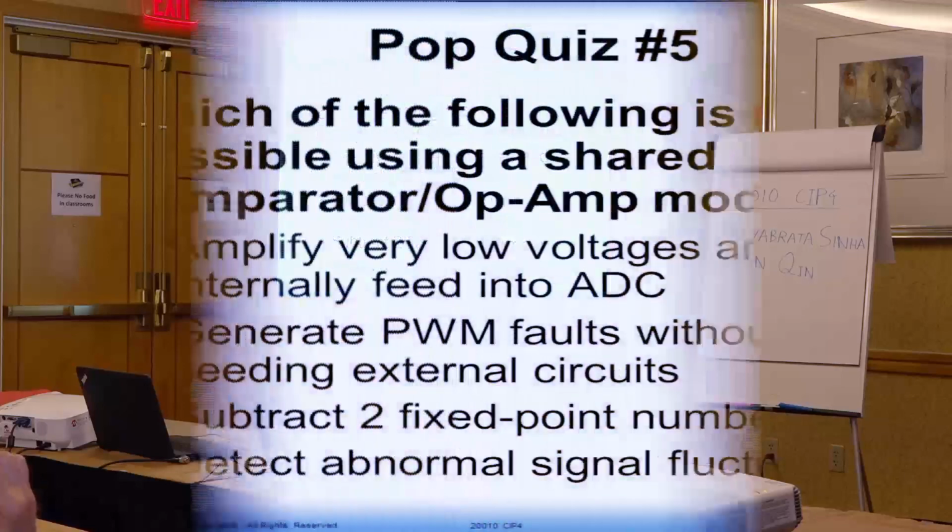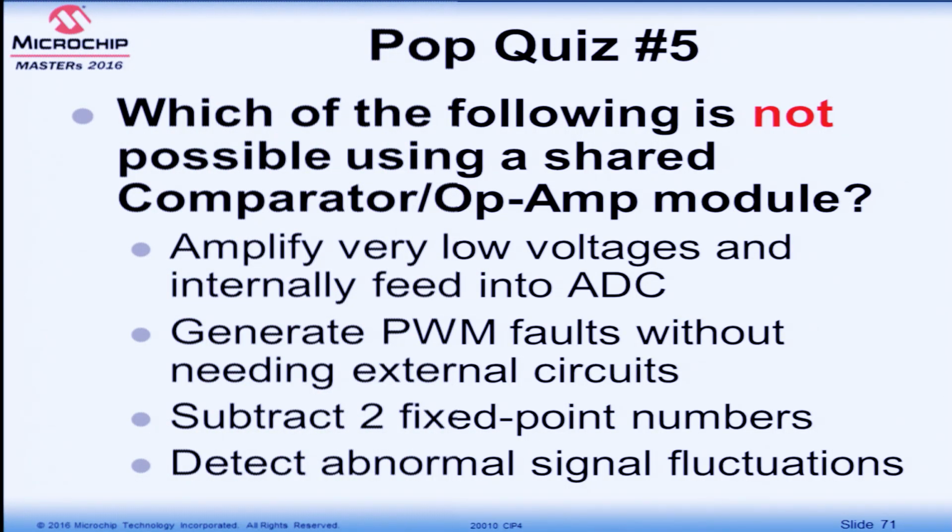Finally, the pop quiz on comparators and op-amps. Which of the following is not possible using a shared comparator or op-amp module? Amplifying very low voltages and internally feeding into ADC without requiring an external pin connection. Generating PWM faults without needing any external circuits. Not only would you not need any external comparators or signal voltage detection circuits, but you would also not need any external physical pin connections.